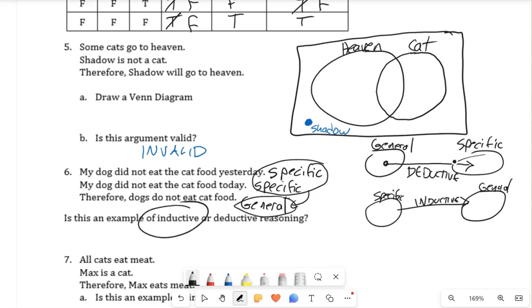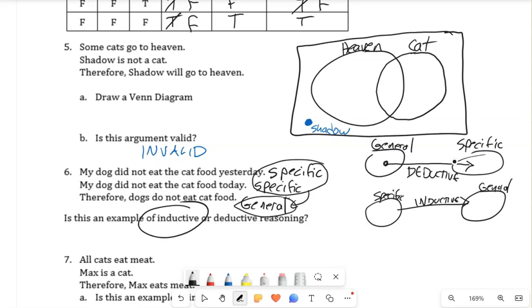In making an inductive argument, you have to have a lot of specifics leading to that general before you feel like you have enough information to make that argument valid. A dog not eating cat food 2 days in a row is definitely not enough data to show that dogs do not eat cat food, because I've seen dogs eating cat food.